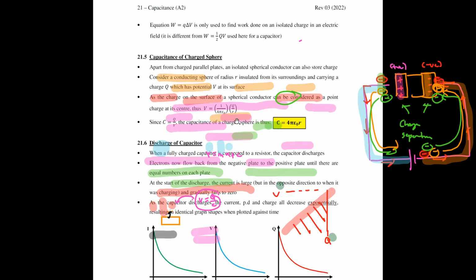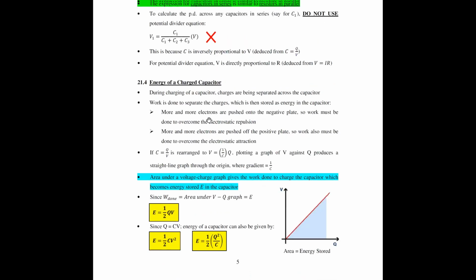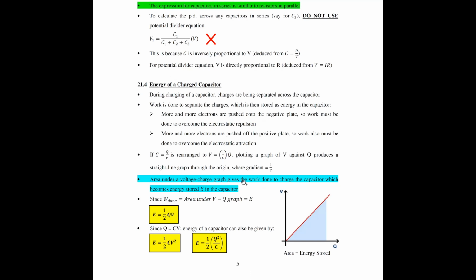Another thing that I should mention before we take a short break is this. When you're talking about work done, you'll notice that this Q times V is actually Q times potential difference. Under the electric field chapter that you did before this, you also used an equation Q times potential difference. You remember I mentioned that the change in electric potential energy is charge times potential difference.